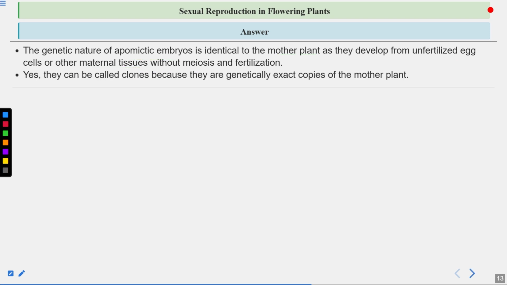So yes, they can be called clones because they are genetically exact copies of the mother plant. That is why the apomictic seeds, the apomictic embryos, are called clones, right?